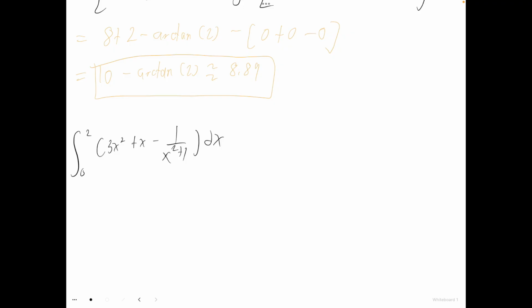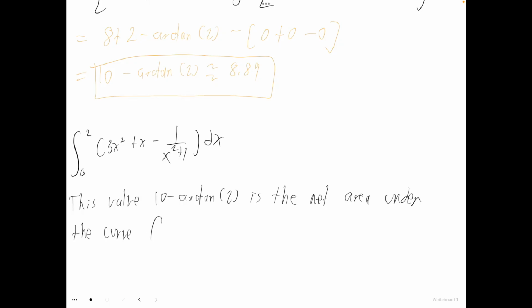That's what we were computing. Well, this number we just computed, 10 minus arctangent of 2, this value of 10 minus arctangent of 2 is the area, the net area, I should say, under the curve f of x equals 3x squared plus x minus 1 over x squared plus 1 from x equals 0 to x equals 2.